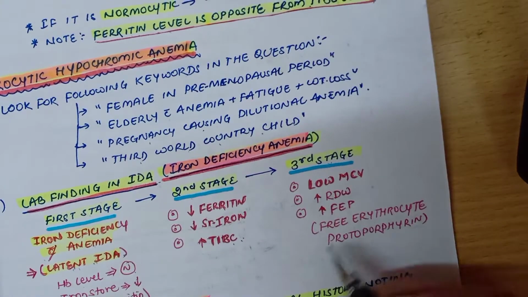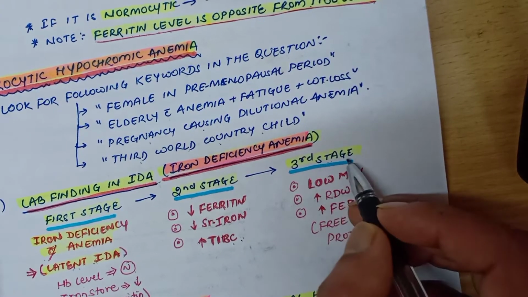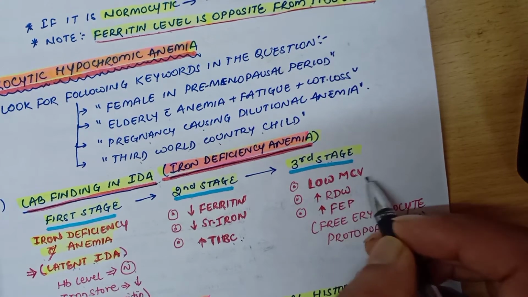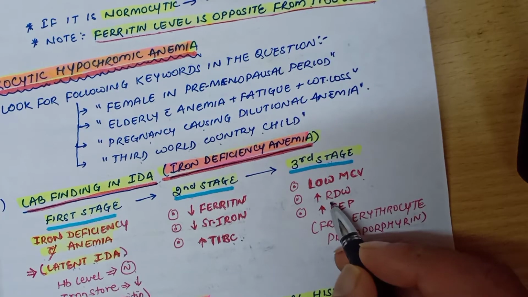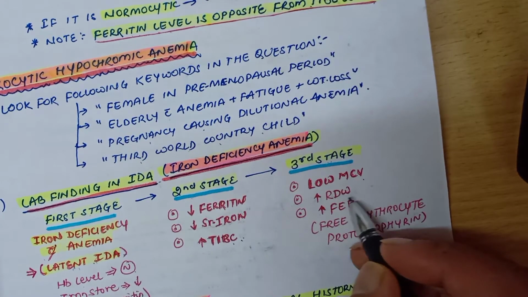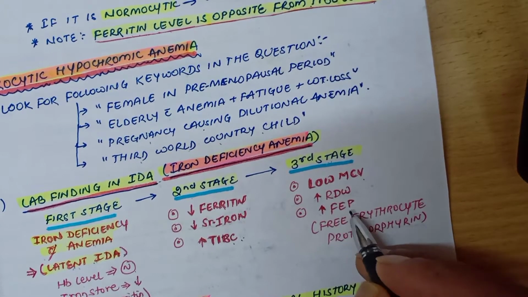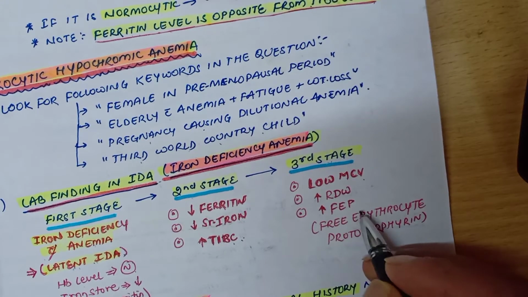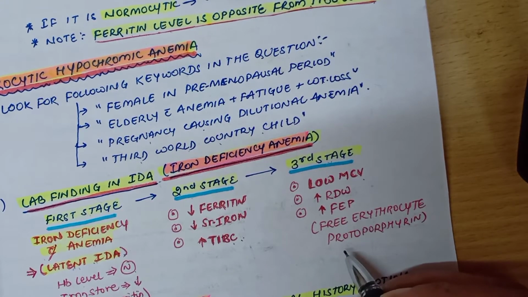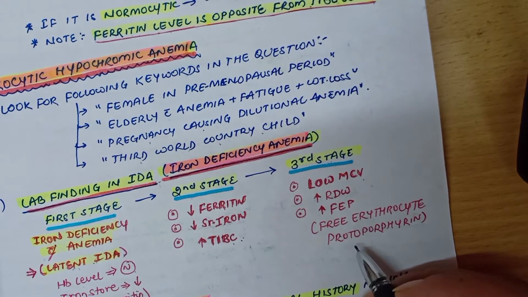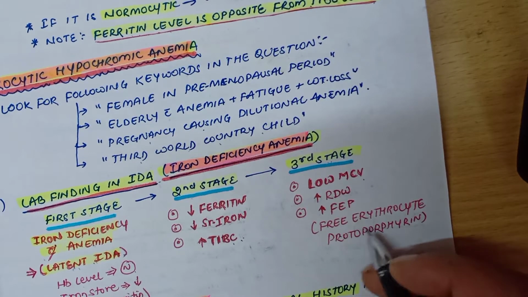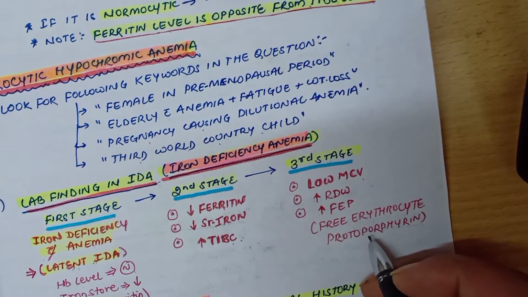And in the third stage of iron deficiency anemia, there will be low mean cell volume, there will be increase in red cell distribution width, and there will be increase in FEP. FEP is free erythrocyte protoporphyrin.